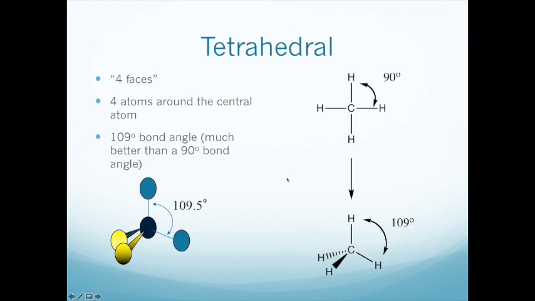It's hard to represent this in 2 dimensions, but this dark triangle shows a hydrogen atom coming out of the page, and this hashed triangle shows the hydrogen atom going into the page. In this way, we maximize the stability of this molecule. And this is the methane molecule from before.